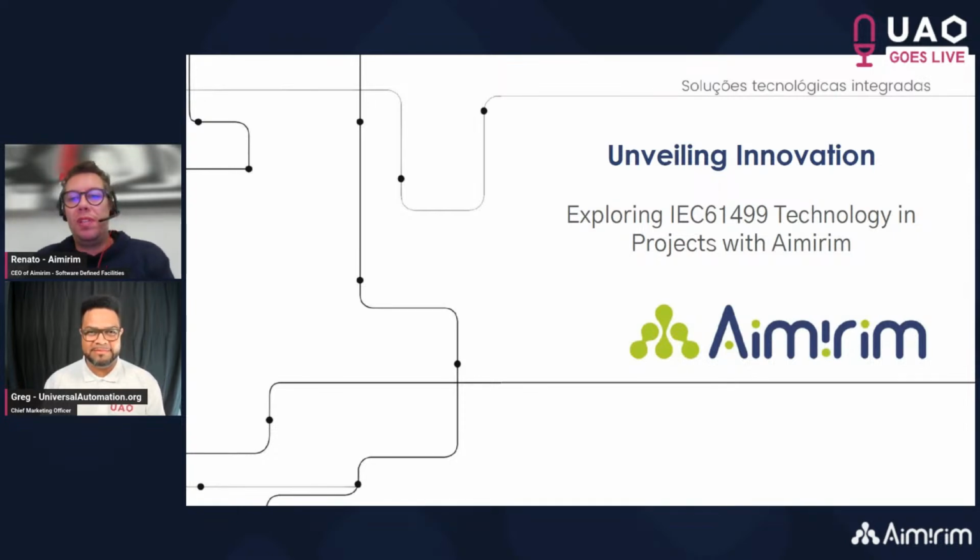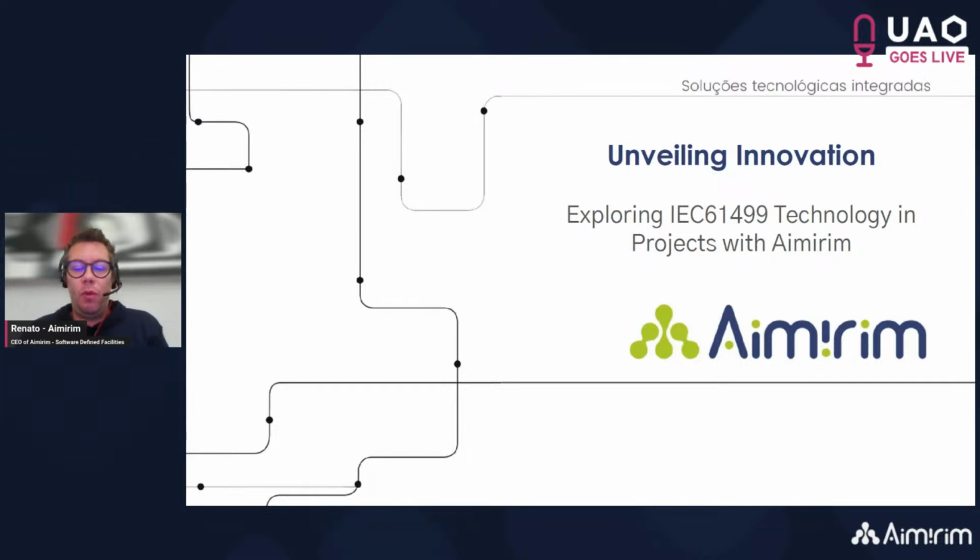So I would like to present something about our startup company based in Brazil. Our startup is Aimirim, and we have several projects running with 61499 that I would like to show to you.